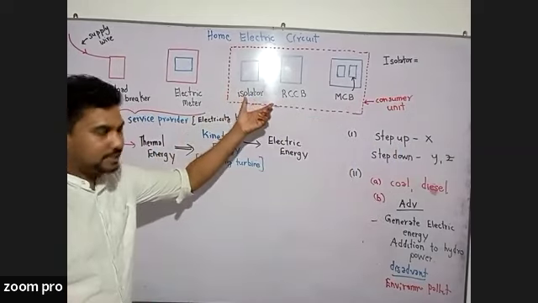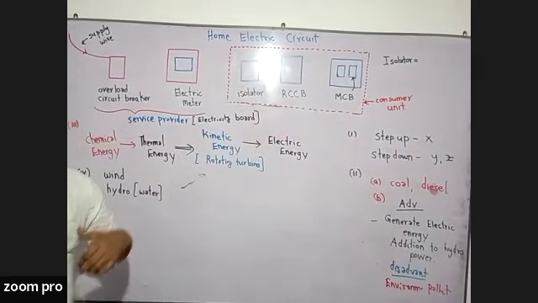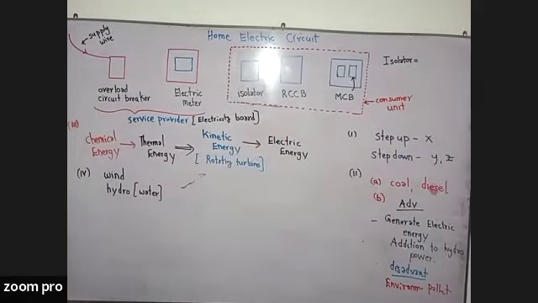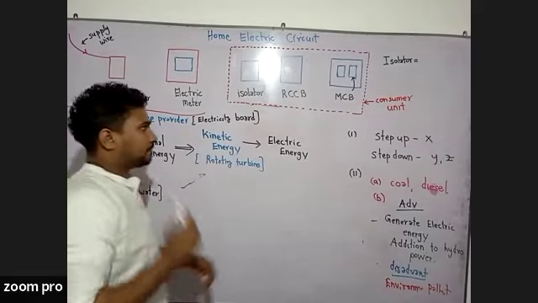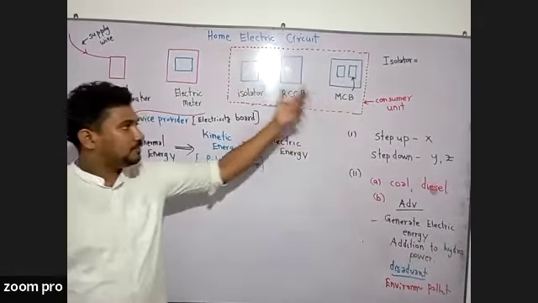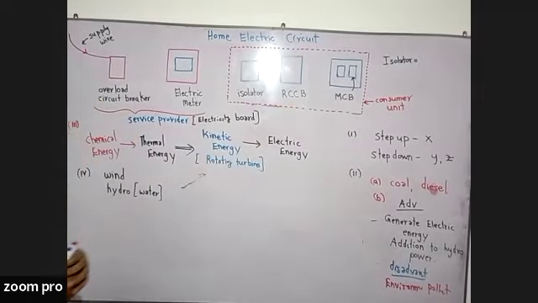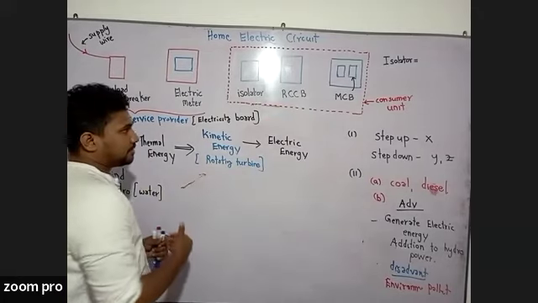First we have the isolator, then the RCCB. RCCB means residual current circuit breaker. Then we move on to the MCB. MCB means miniature circuit breaker.